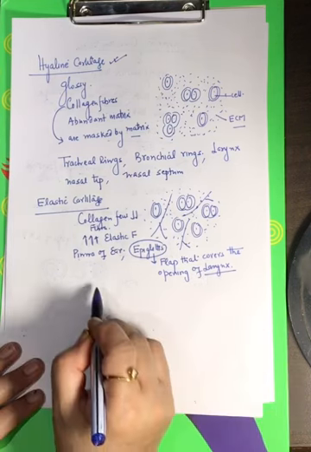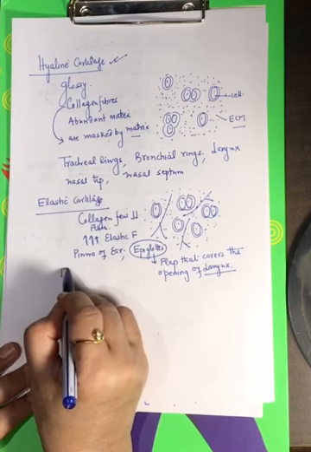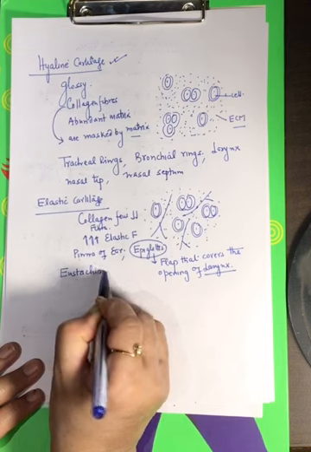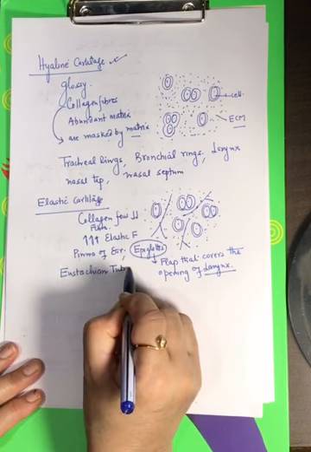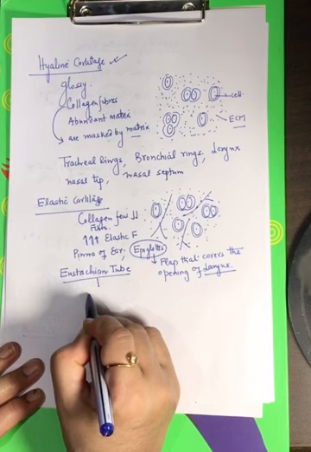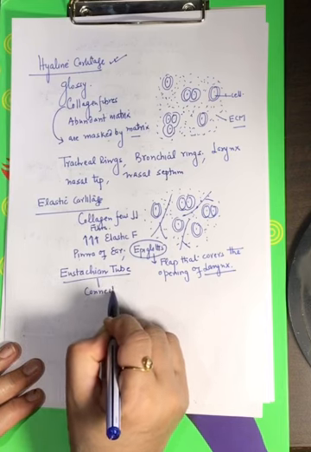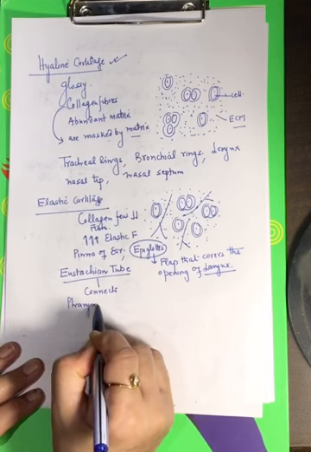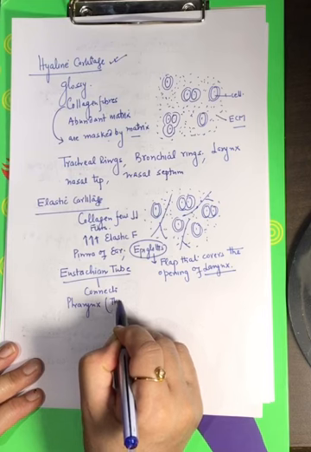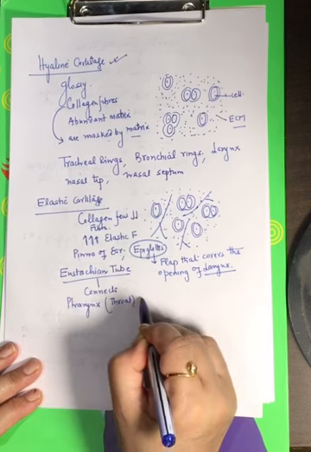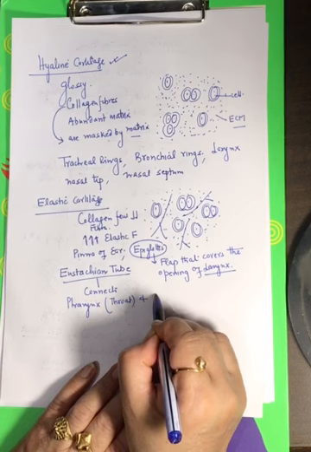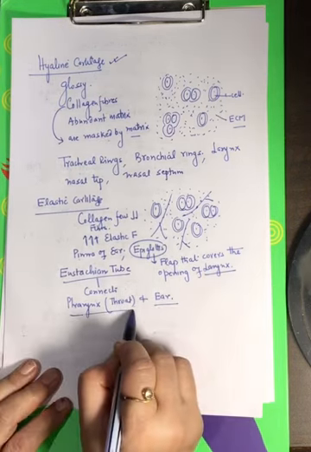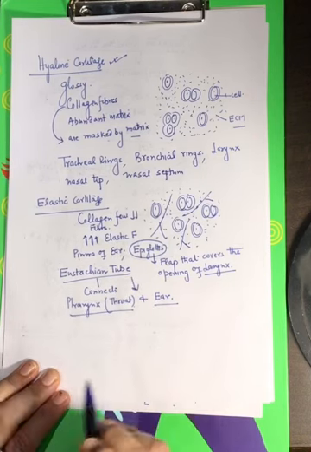passage. And then we have an eustachian tube. What is eustachian tube? It is a tube that connects the pharynx or the throat. It connects your pharynx or the throat and the ear. Your ear and your throat, they are connected by eustachian tube.